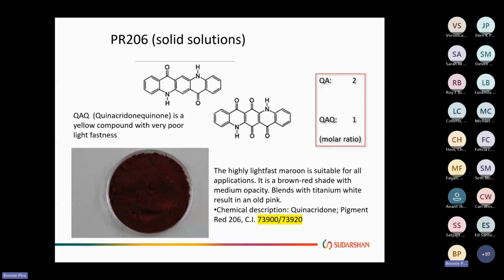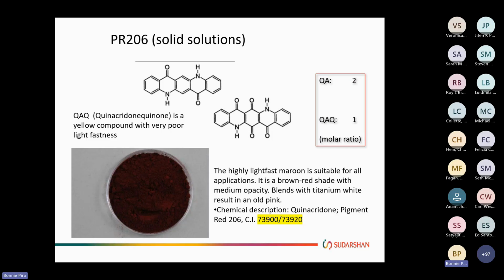So some examples is Pigment Red 206. This is a solid solution that consists of 2 parts quinacridone and 1 part QAQ, which is a quinacridone quinone, which is a very yellow compound. Unfortunately, this particular one by itself has very poor light fastness.